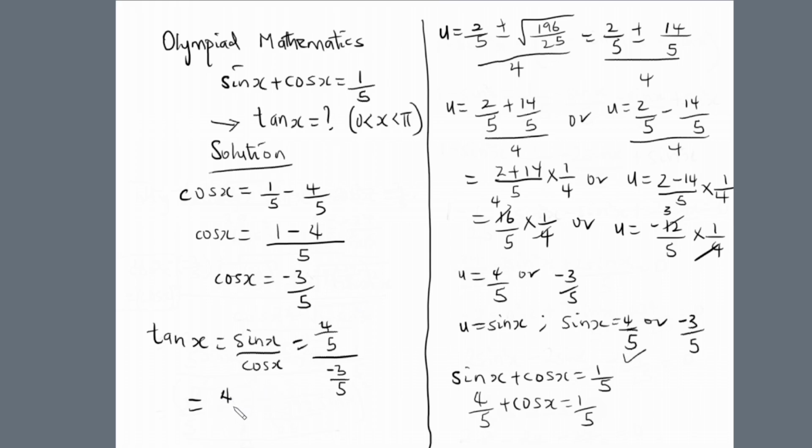When we are dividing, it's called the multiplicative inverse. We have 4 over 5 divided by minus 3 over 5. It's the same thing as saying times 5 over minus 3. So this is going to cancel out, and then we'll have minus 4 over 3, or minus 1 whole number 1 over 3. So this is the final solution. This is the value of tan x.